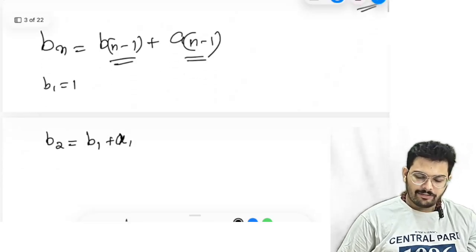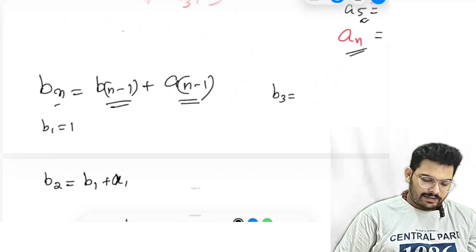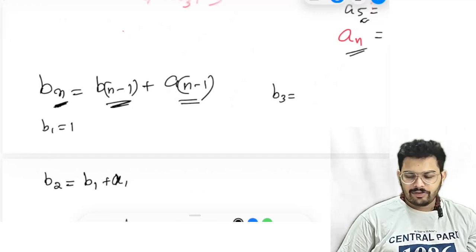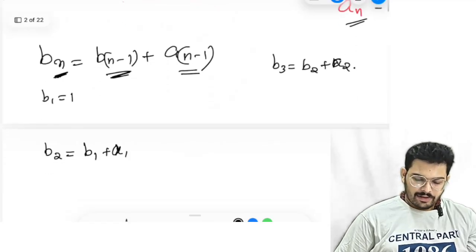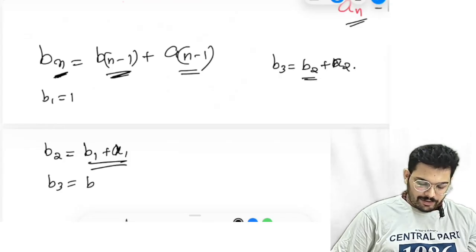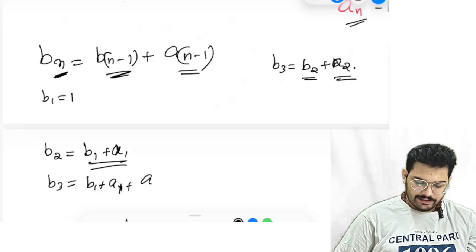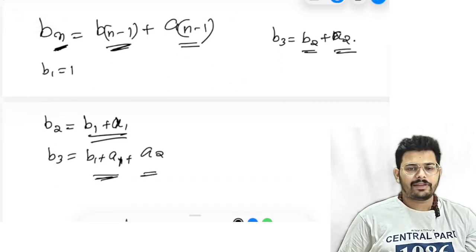Now we need to find the value of b3. If you put n equal to 3, n minus 1 will be 2, so b3 equals b2 plus a2. The value of b2 is already found, so b3 equals b1 plus a1 plus a2.